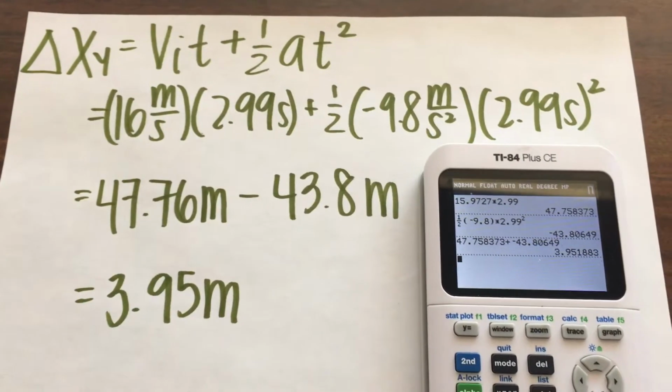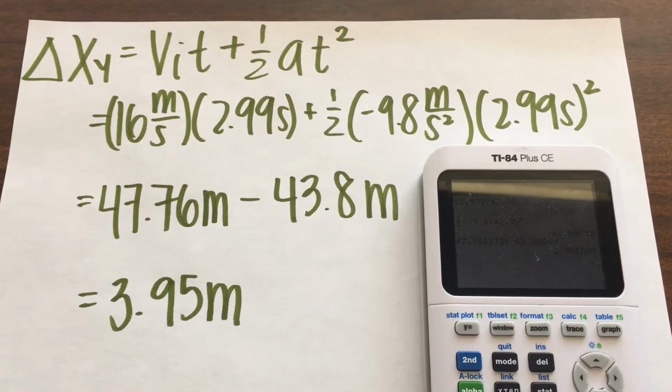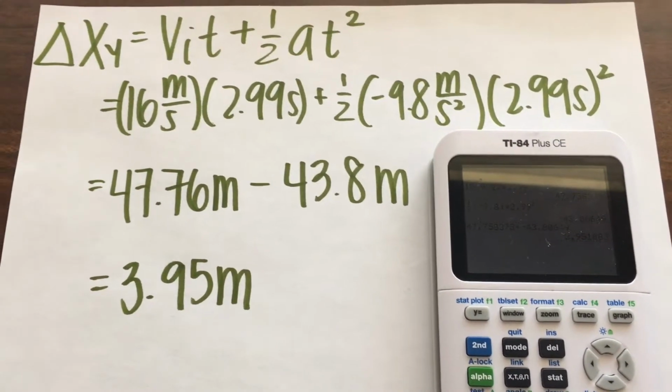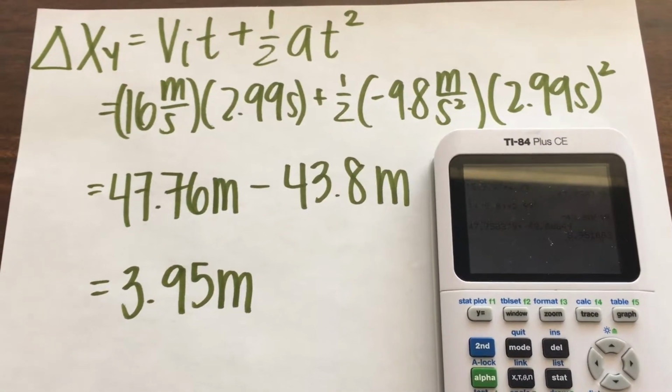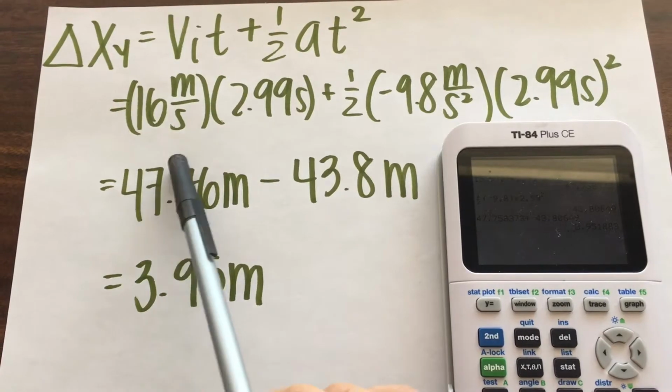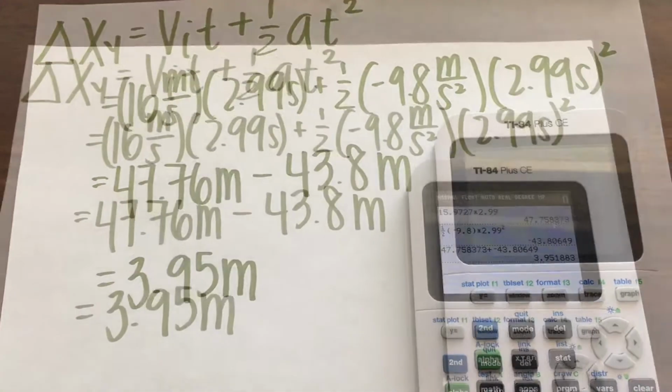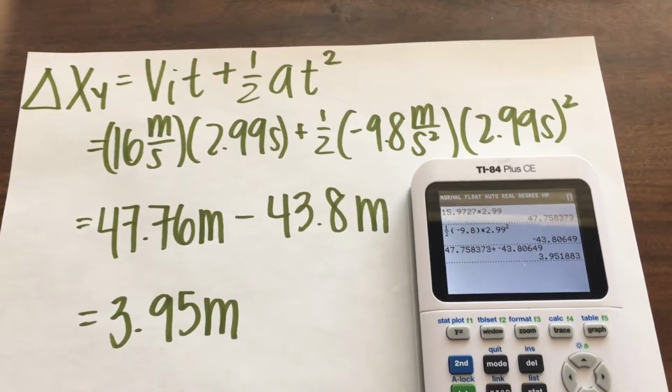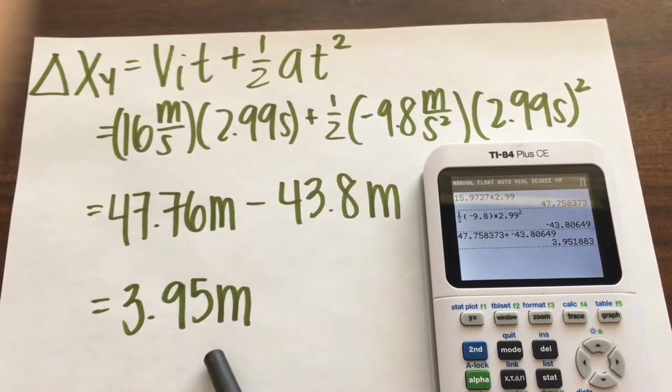I'm going to be using the same kinematic equation that I did from the earlier part of this video, except for this time around, I'm going to be plugging in numbers from the y portion of our chart. When we plug in all our values, this is the answer we're going to get.